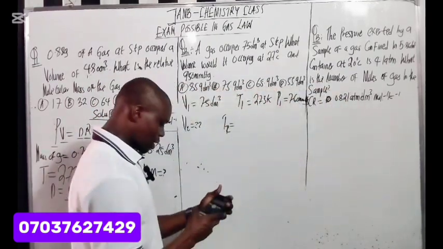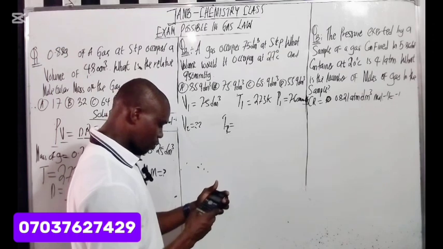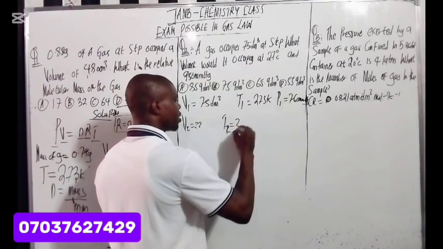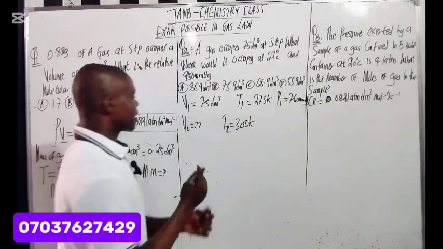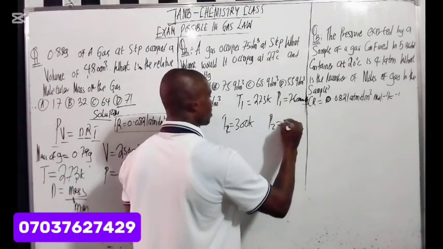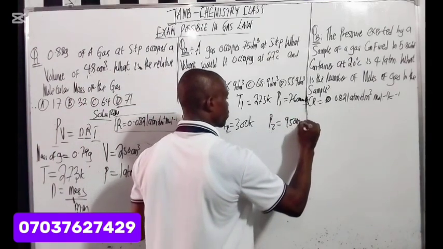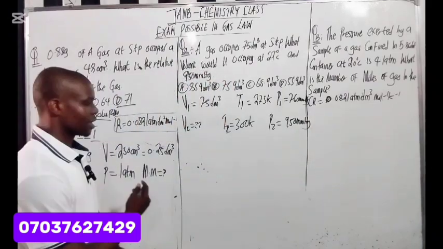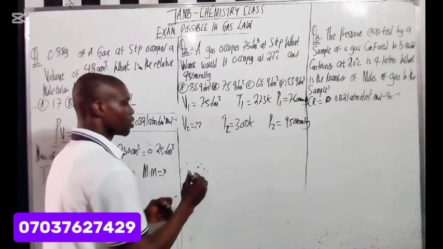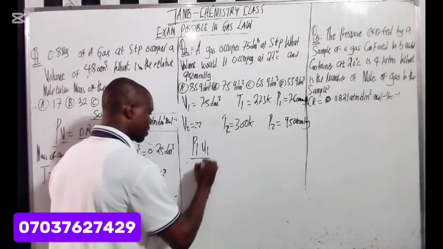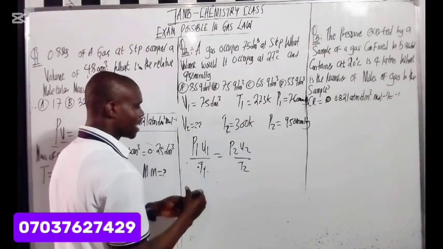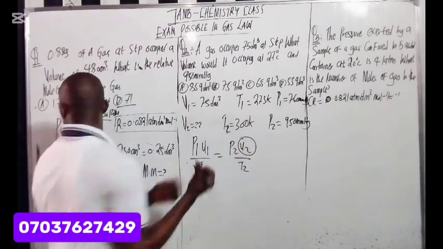So 27 plus 273, here we have 300 Kelvin. My pressure P2 is now 950 millimeter of mercury. Do you see that? So I have to use the general gas equation, which is P1V1 over T1 equals P2V2 over T2. So let's solve the formula here.